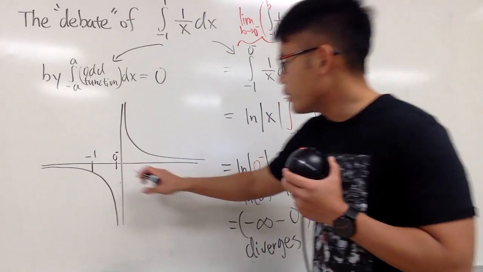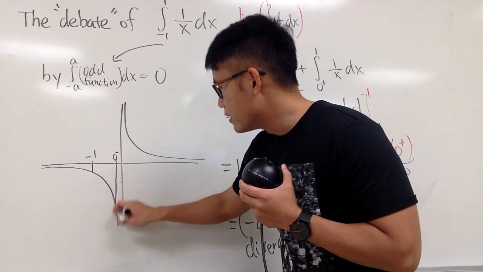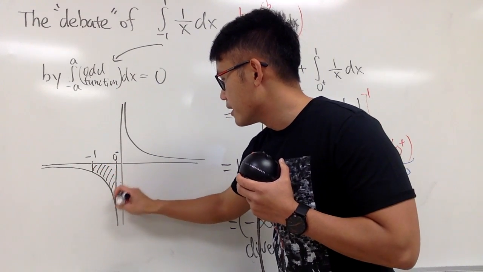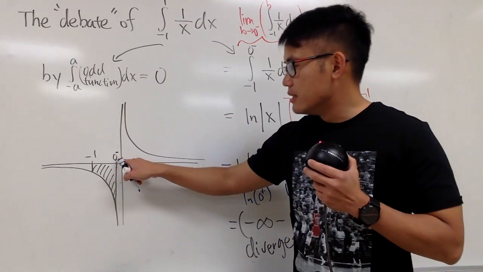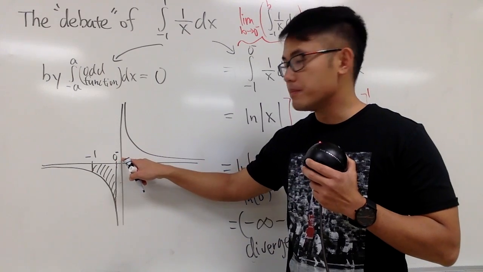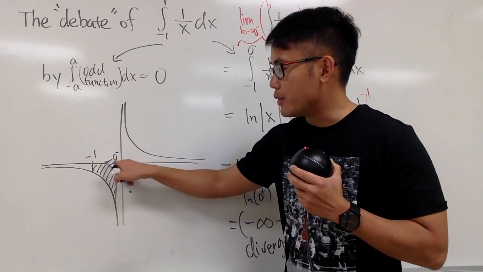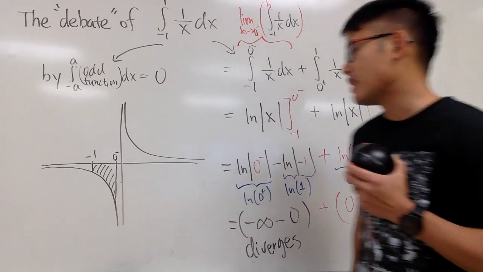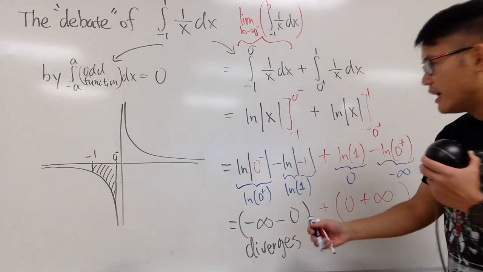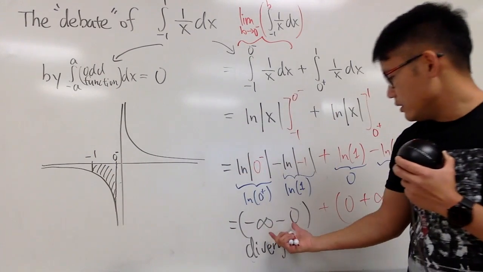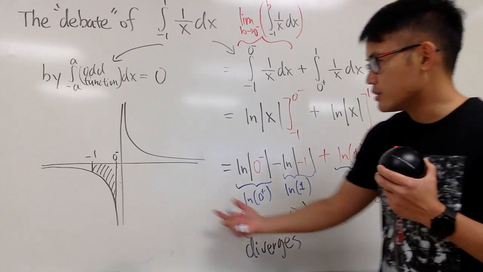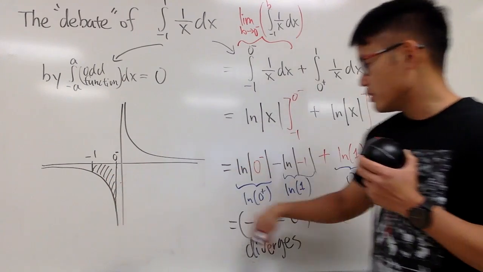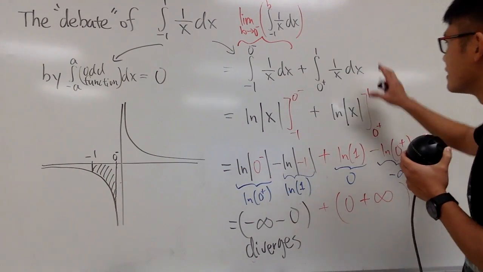And this is trying to calculate the area of this region. And as this is going towards 0 from the left-hand side, we know this area is going to be negative infinity. And the reason it's negative is because it's down below the x-axis. And as you can see, this right here tells you the area is negative infinity, right? So it agrees.